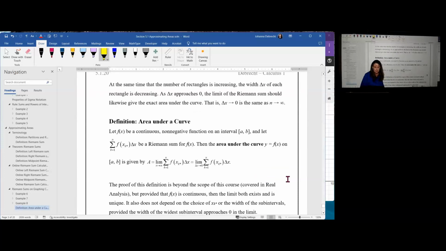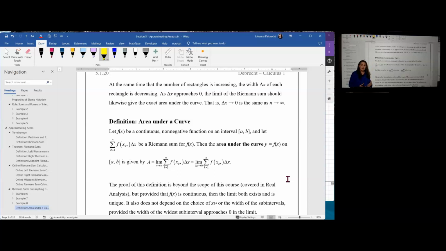When we're doing this and taking the limit as the number of rectangles goes to infinity, the width of each rectangle is approaching 0. So it's often written in two separate ways that are equivalent. The limit as the number of rectangles goes to infinity of the Riemann sum, or the limit as the width of the boxes goes to 0 of the Riemann sum.